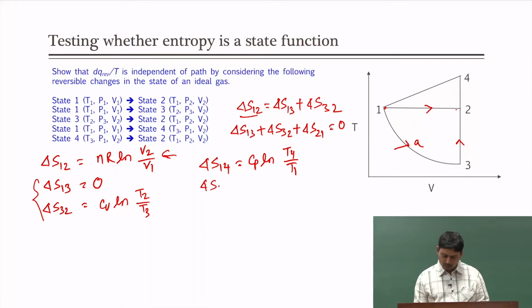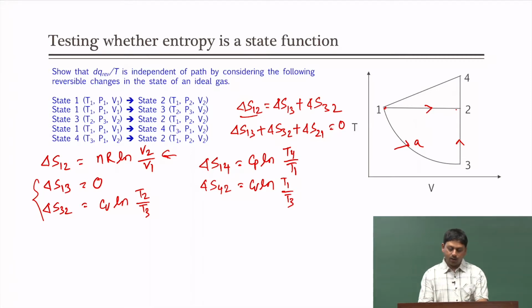So, delta S42 is a constant volume process, Cv ln T2 by T4. Let us see if I have done this correctly or not.